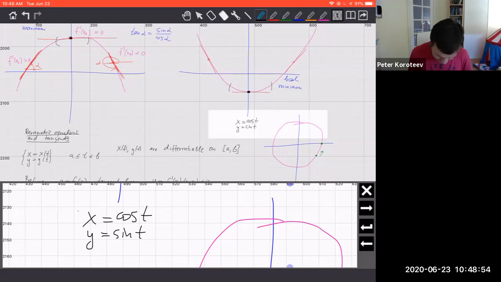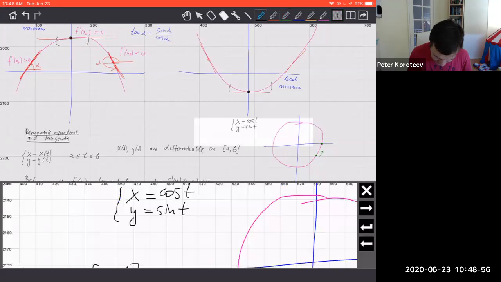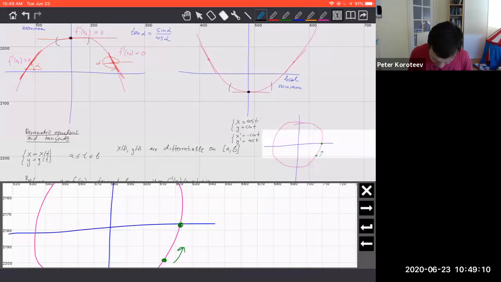And then, well, we can calculate the derivatives also, right? So x prime is minus sine t, and y prime is equal to cosine t. So as t approaches 0 or 2 pi here, right? So this point is (1, 0), and it happens when t is equal to 0 or 2 pi, right?